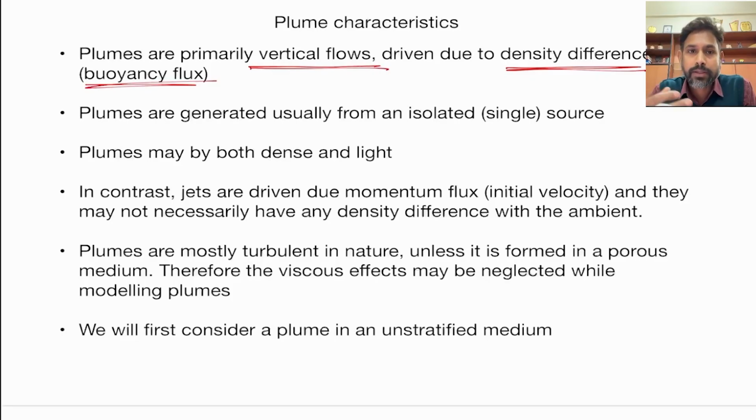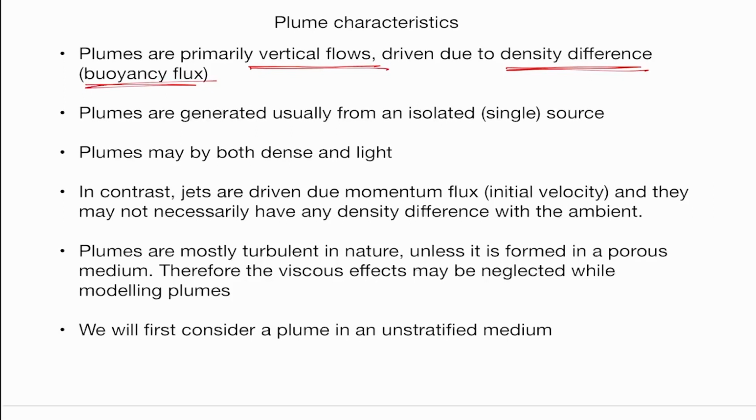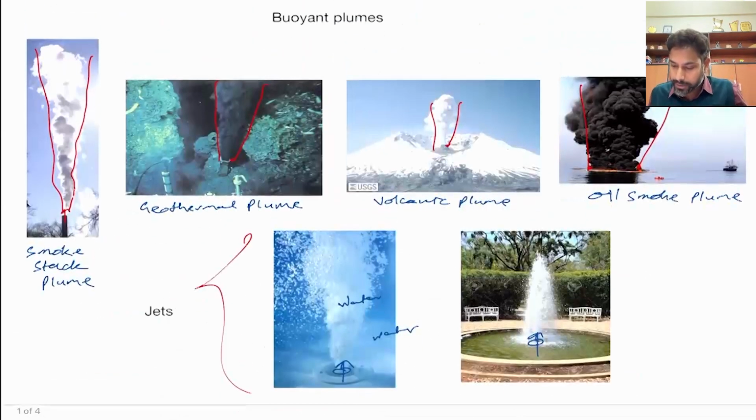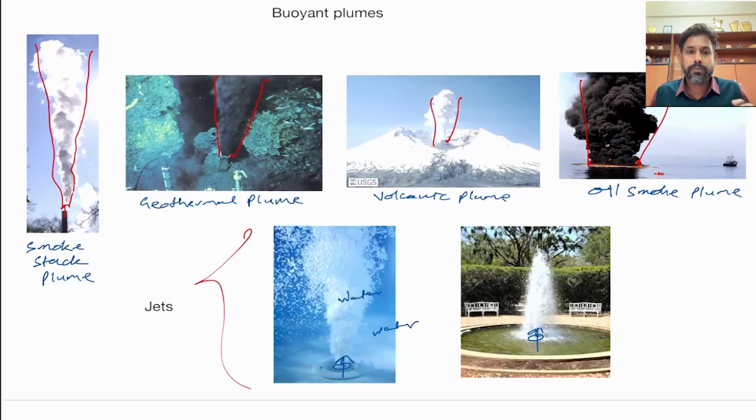That's happening because of gravity, or it works against gravity, and that's why it has to be in the vertical direction. So plumes are primarily vertical flows, whereas jets, for instance, can also be horizontal. They don't really have to be vertical. And then plumes are usually generated from an isolated source, or single source, as we saw in these cases, right? We see multiple plumes from different cases, but they are all coming from a single source individually.